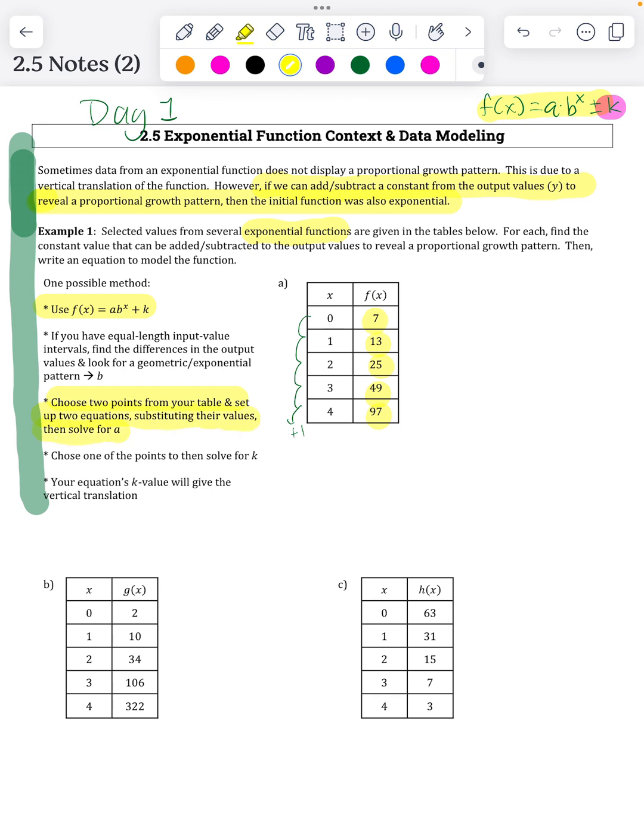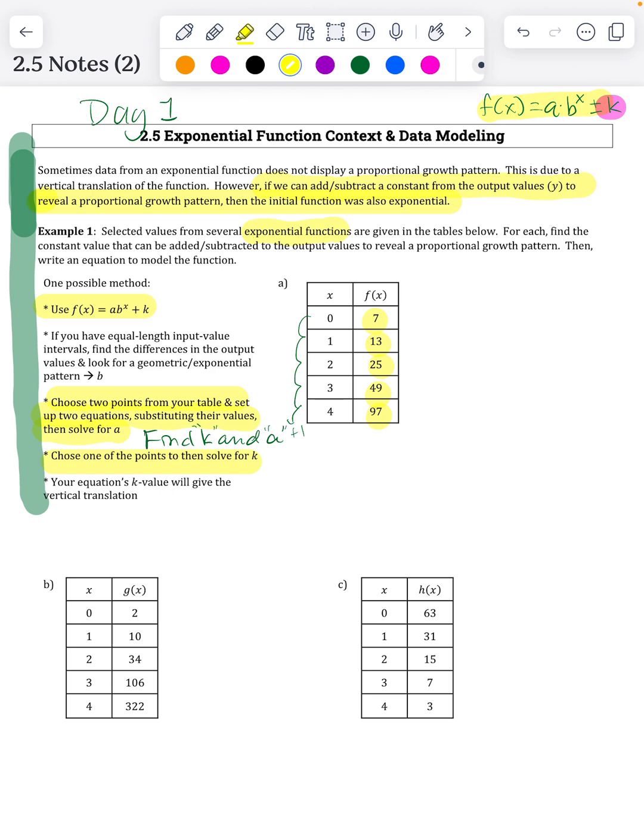And in this process, you are going to find k and a, because in order to find 2 variables, we need 2 equations. So in these steps here, we'll come up with both of those values.